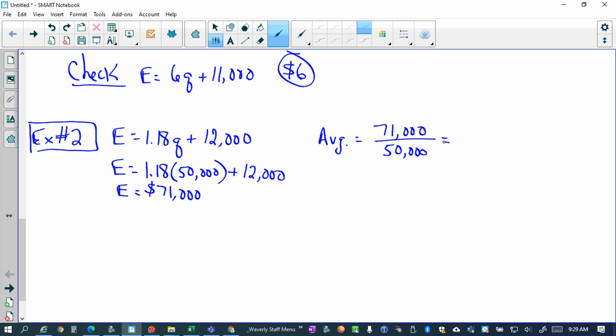So $1.42 per unit if they make 50,000 of them. That would be $1.42 no matter how many they make.